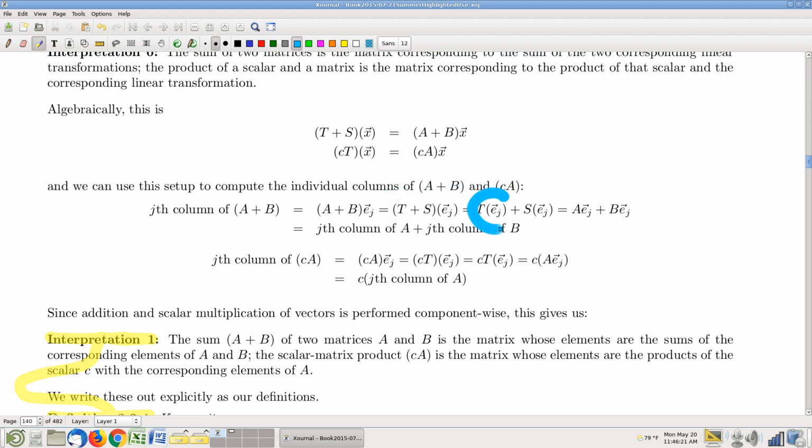And of course, T is represented by A, so T of e_j is the jth column of the matrix A. And likewise, S of e_j is the jth column of B, because B is the matrix that represents S. And all together, notice our nice punchline: a given column of the sum has to be the sum of the individual columns of those two matrices. In other words, you add matrices one column at a time.